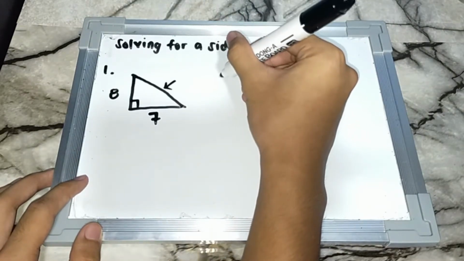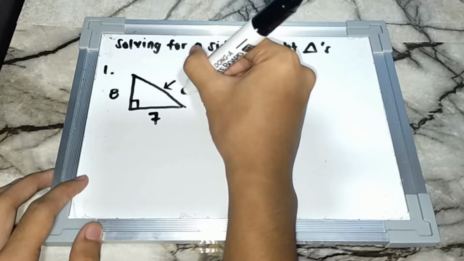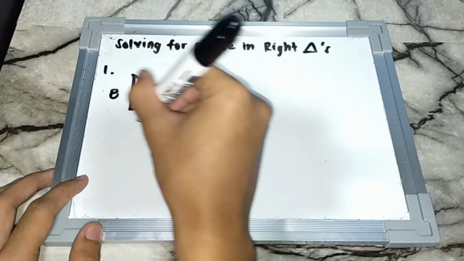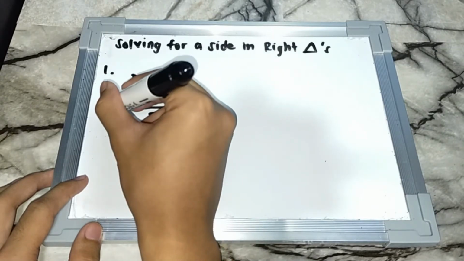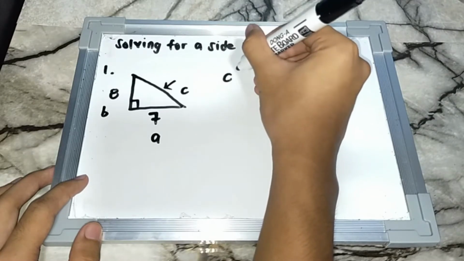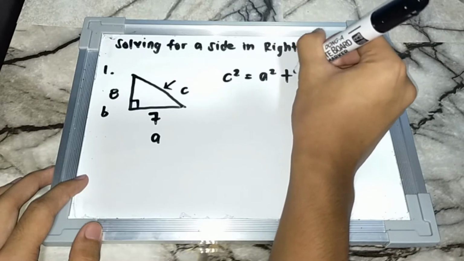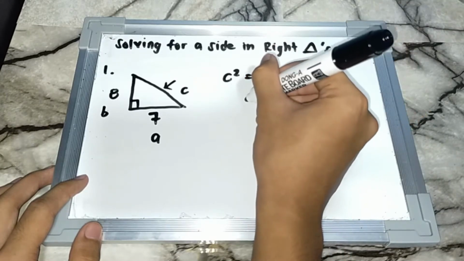We should represent the hypotenuse with C and the sides with A and B. So now we have C squared is equal to A squared plus B squared.